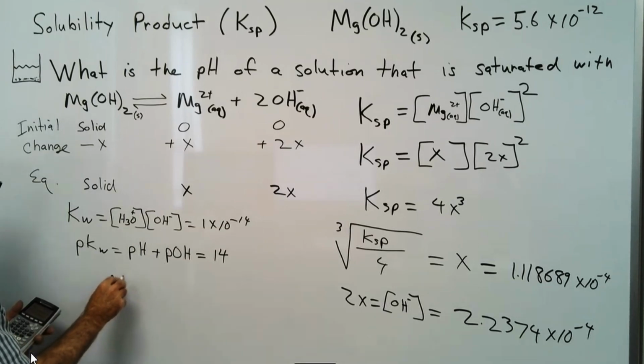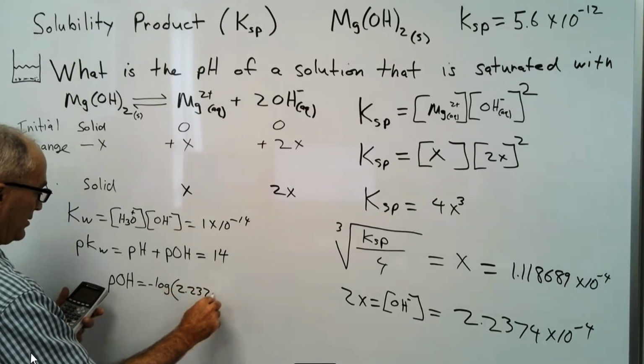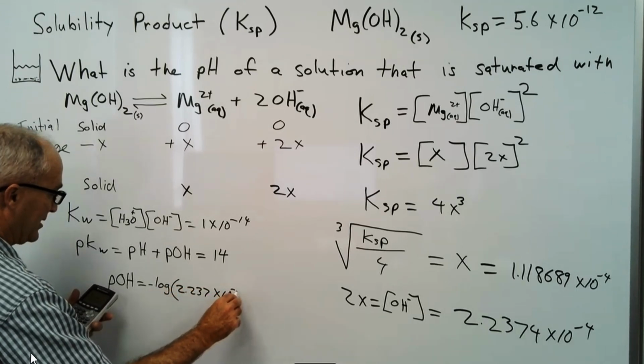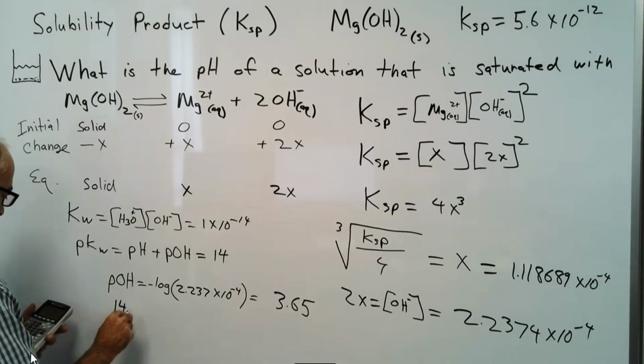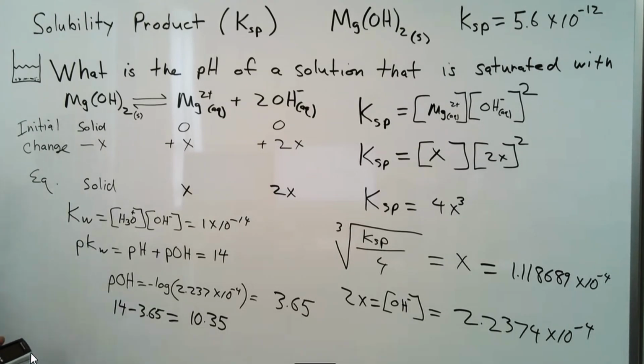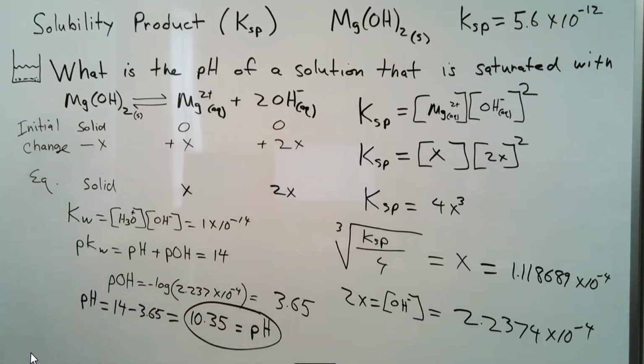All right, so I'm going to go pOH, negative log of this number. Of course, I got the unrounded thing in my calculator. Log, answer. There's the pOH. So of course now, I subtract that from 14. So there's my pH. And does that make sense? Yeah, that's a basic pH, and we're putting hydroxide into solution.